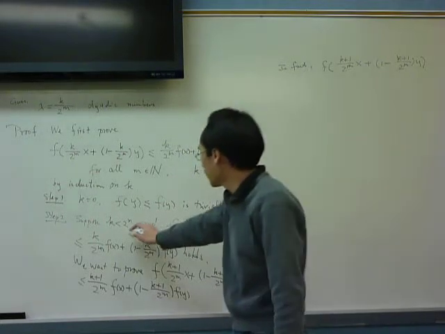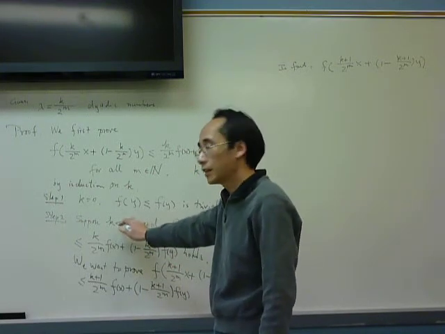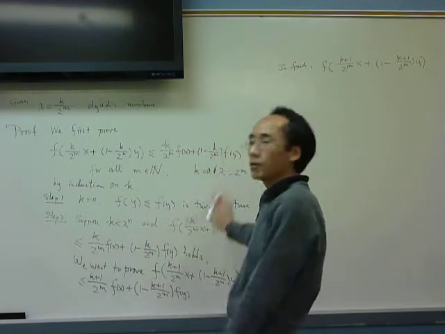Yeah, because k is less than 2 to the m, then k plus 1 is less than or equal to 2 to the m. So don't worry about that now.